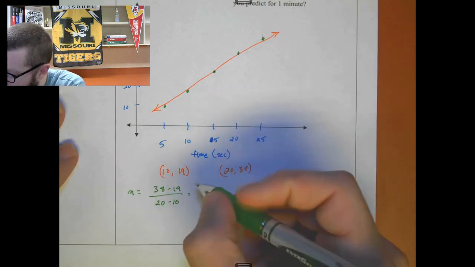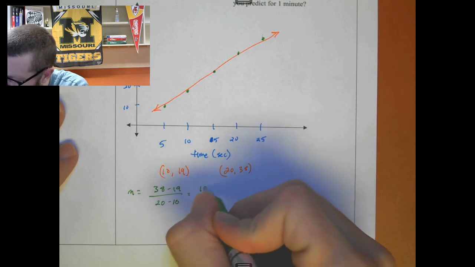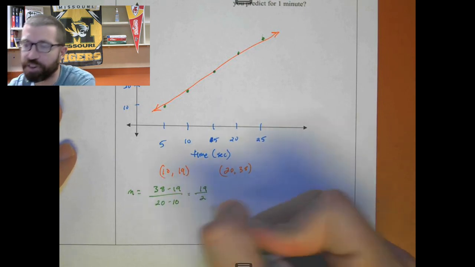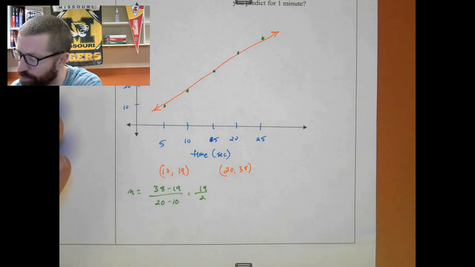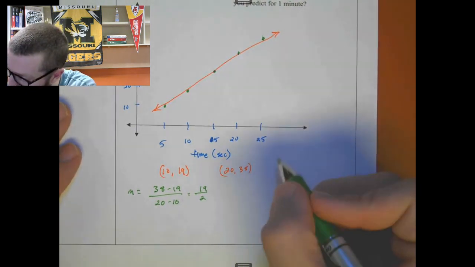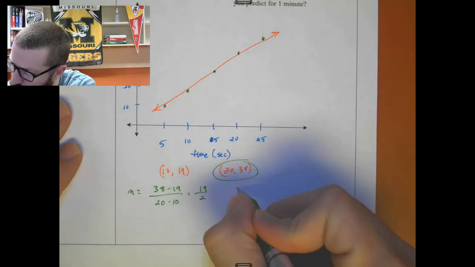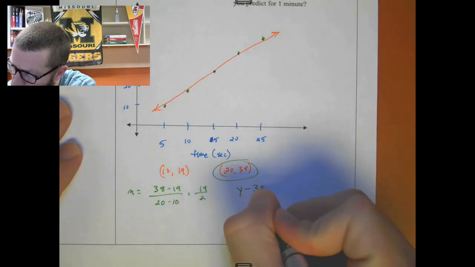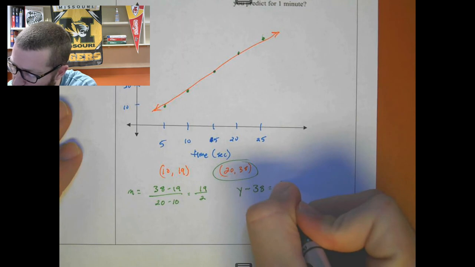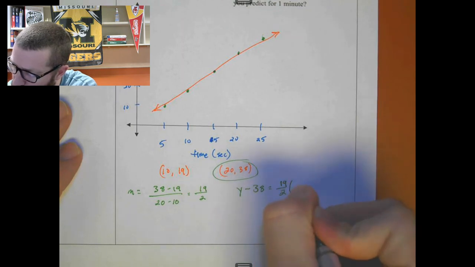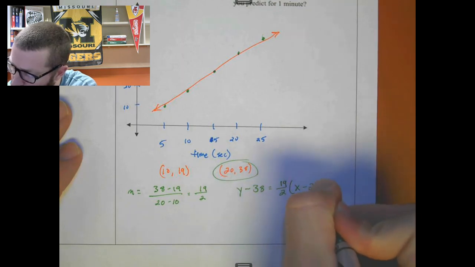So that's 19 over 2, or 9.5. And then I'm going to pick this point right here. So y minus 38 is equal to 19 over 2 times x minus 20.